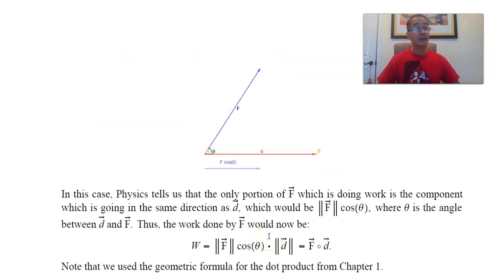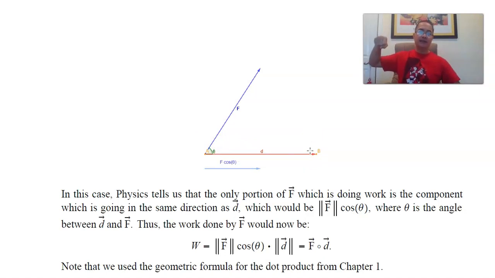So let's talk about level 2. What happens if your force is constant, but it is not pointing in the same direction as the displacement? It's kind of like you're pulling a cart, let's say, and the cart is moving horizontally, but you're not pulling it horizontally.